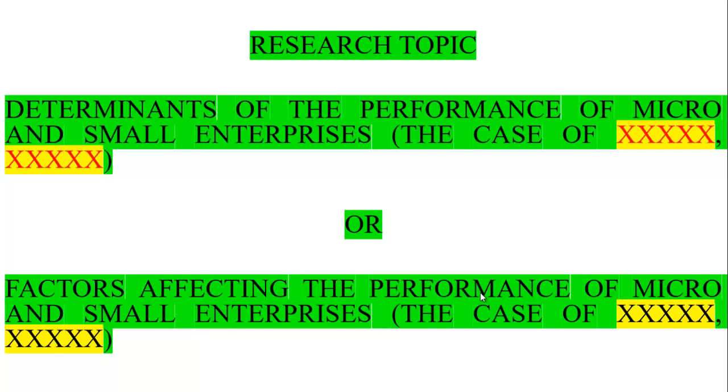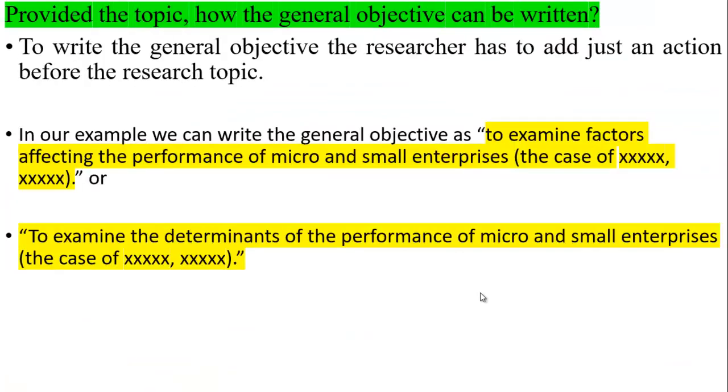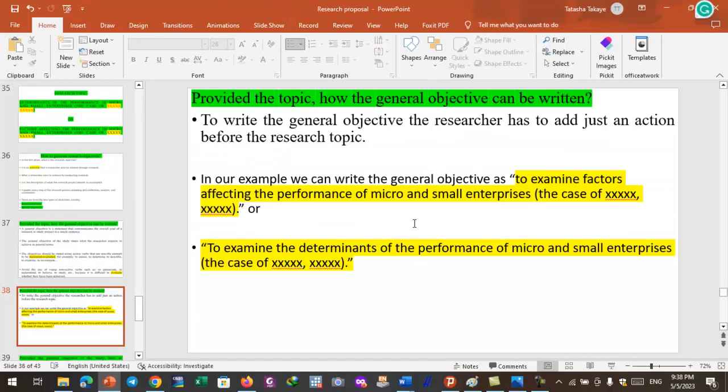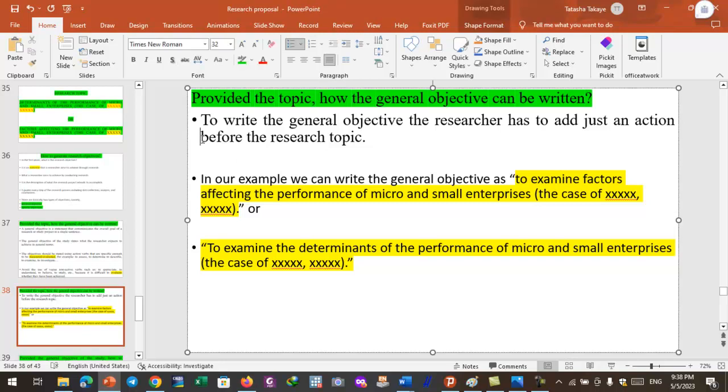Just state an action verb before this topic. For example, you can see here. To write the general objective, the researcher has to add just an action verb before the research topic.